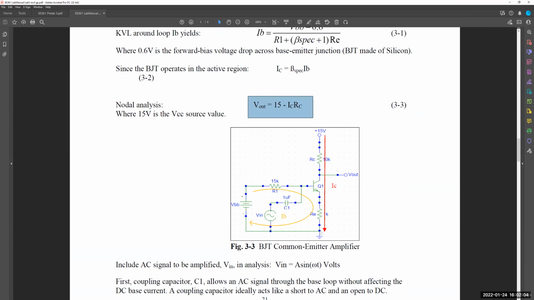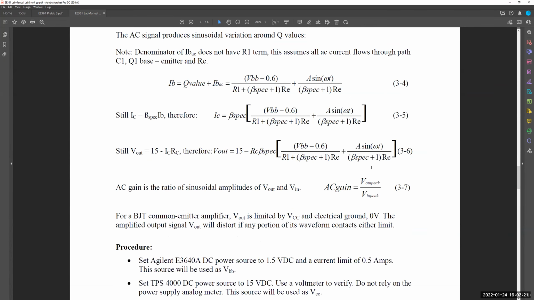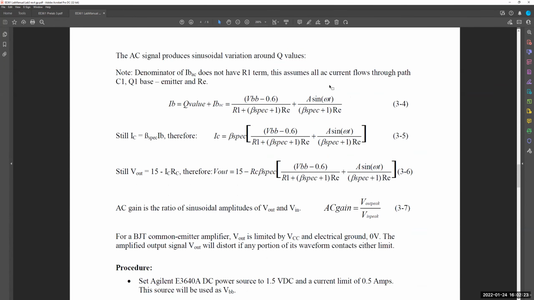If you apply KVL as the red arrow shows, you get V out is 15, which is VCC minus ICRC, the voltage drop across the collector resistor. And that's basically what's given in equations 3.4 to 3.7. These are the ones you need to solve for problem number 2. And that's it.